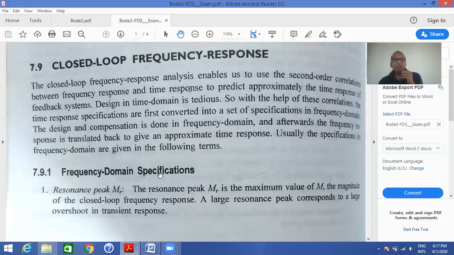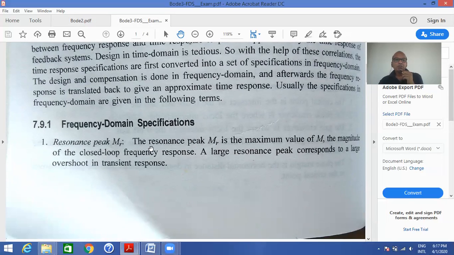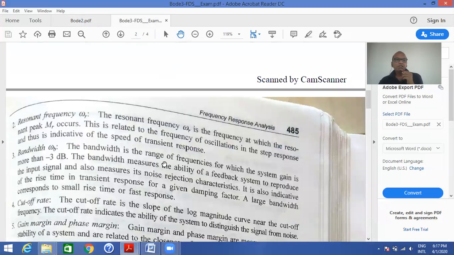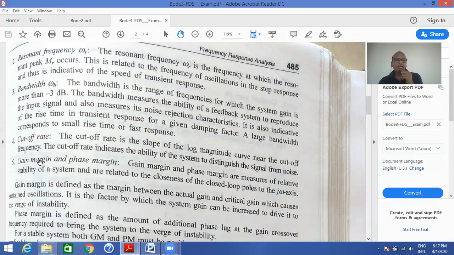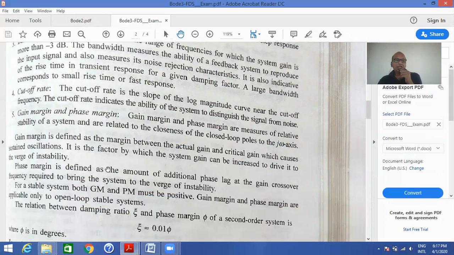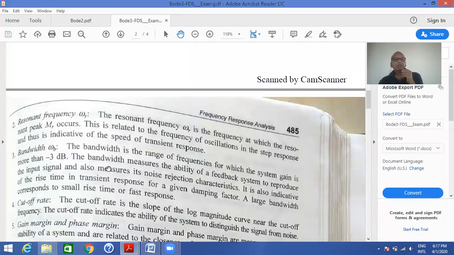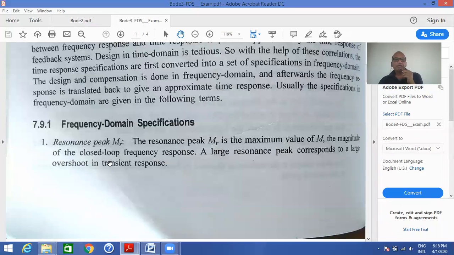These are the frequency domain specifications. At the time of designing any control system in the frequency domain, consider the design specifications: the resonant peak MR, the resonant frequency omega r, the bandwidth omega b already derived, the cutoff rate, the gain margin, and then the phase margin.